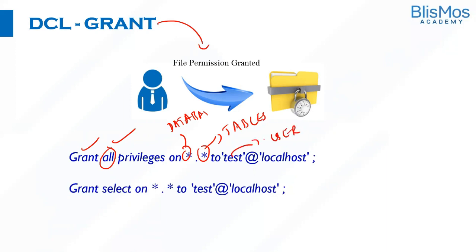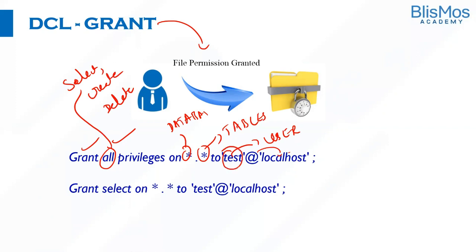And test is a user, and that user is on this particular host. So grant all means give all the permissions. All the permissions means to select, to create, to delete, all the permissions on all the databases in the RDBMS system. And star means all the tables in all those databases, to this particular user.